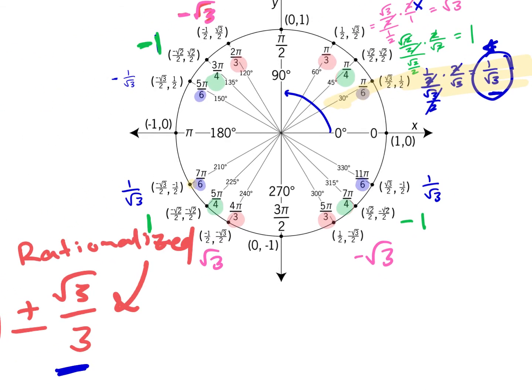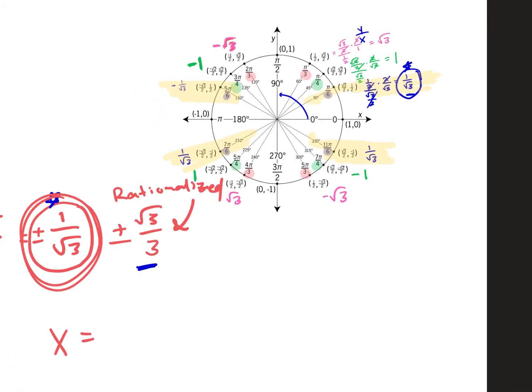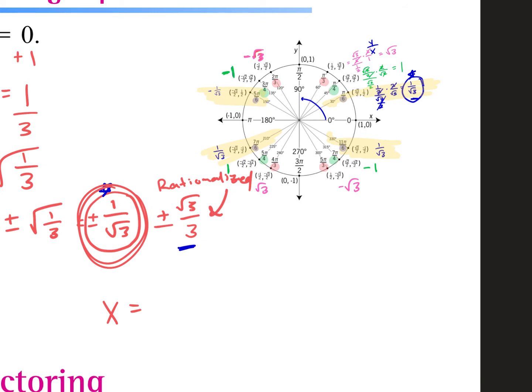Amber says also 7 pi over 6, which is true. But what about the negative 1 over square root 3's? What is it? 5 pi over 6 and 11 pi over 6. So our answers here are pi over 6, 5 pi over 6, 7 pi over 6, and 11 pi over 6.